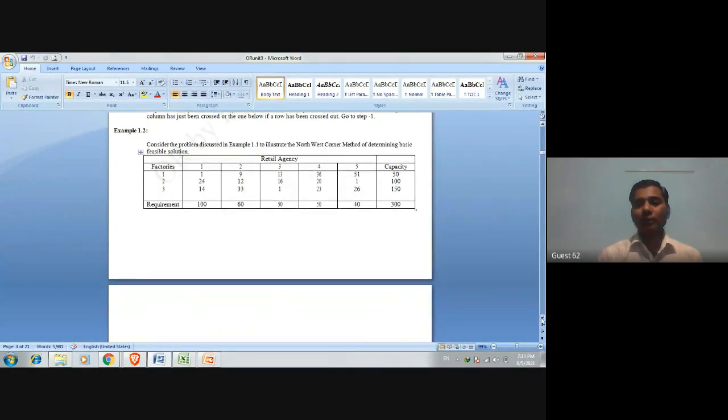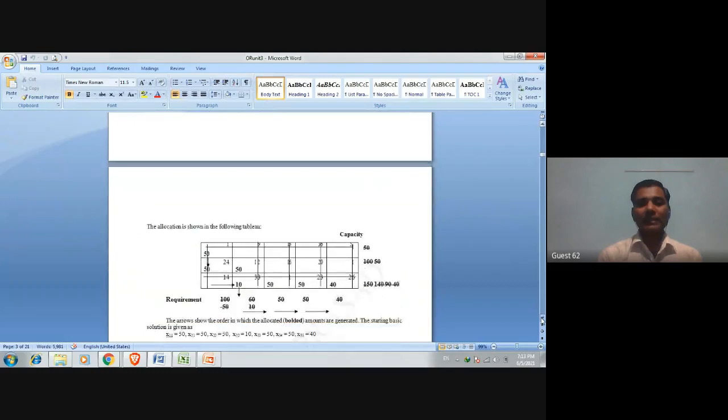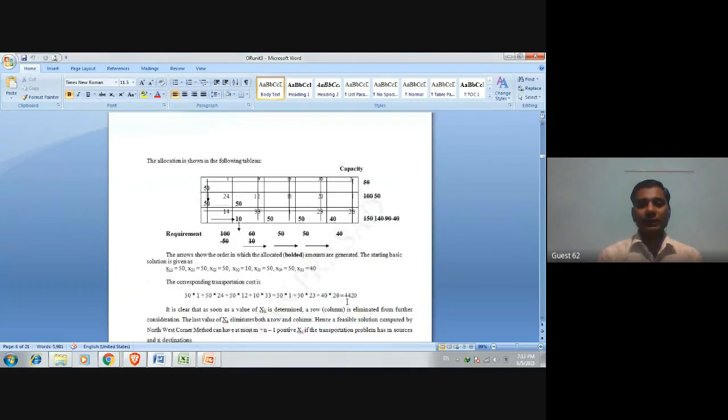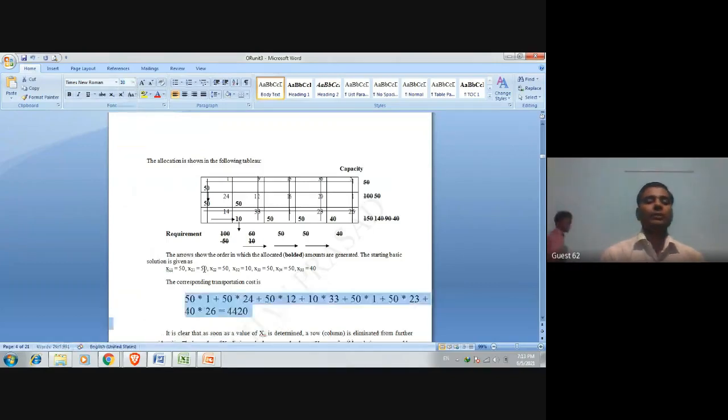So after solving, the initial basic feasible solution is this. This is written down here. Let's see this. Okay, I am increasing the size. Okay, this is the solution. So your initial basic feasible solution is 4420. So our answer is matching.